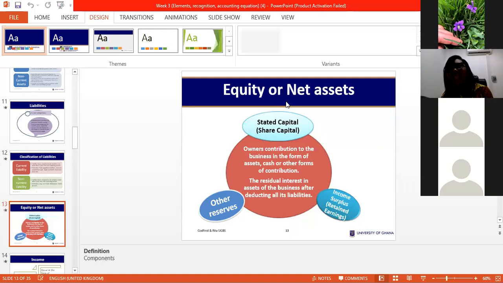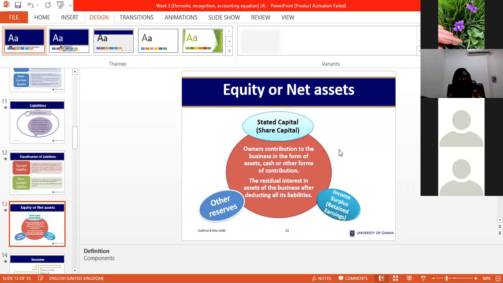The idea is that in the short term, maybe you are hard pressed. So you are going to clear some goods at the harbor. You don't have money. The bank can give you an overdraft to clear it. You sell the goods and you pay. So it is within the short time. So yes, they are all forms of loans, but they have different features and characteristics. And that's one thing you must note.